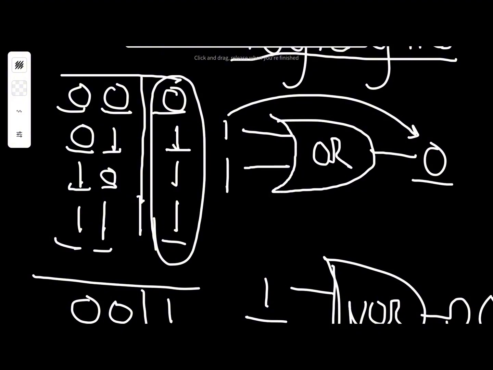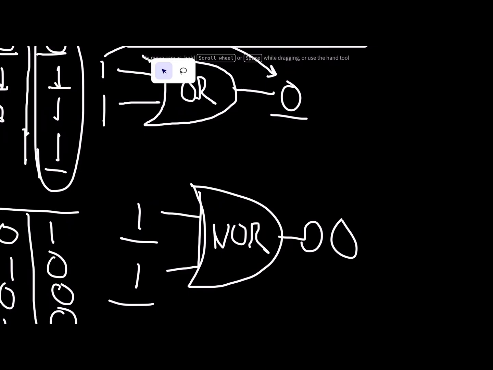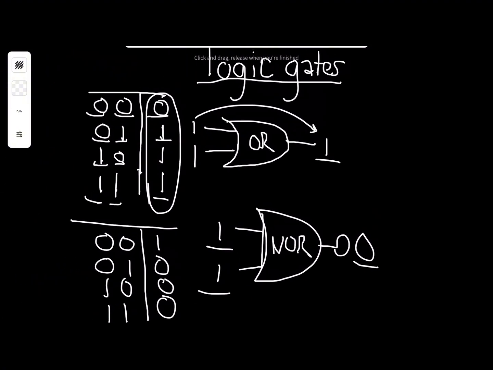And this, of course, is going to be the exact opposite of the NOR gate, which when we put a 1, sorry, I made a mistake here. 1 and 1 create 1. And this is going to be the exact opposite of the NOR gate, where the 1 and the 1 create the 0. So now we know how the NOR and the OR gate work.